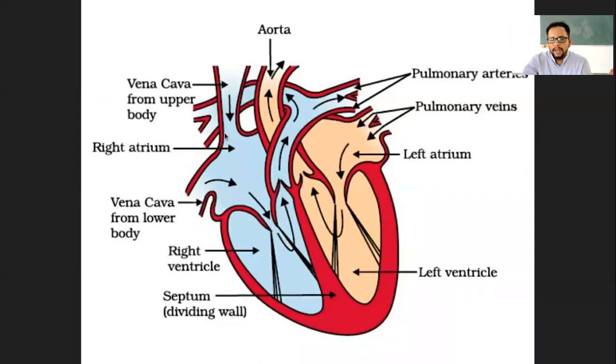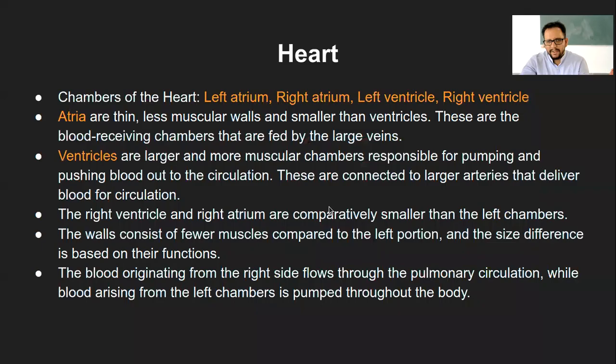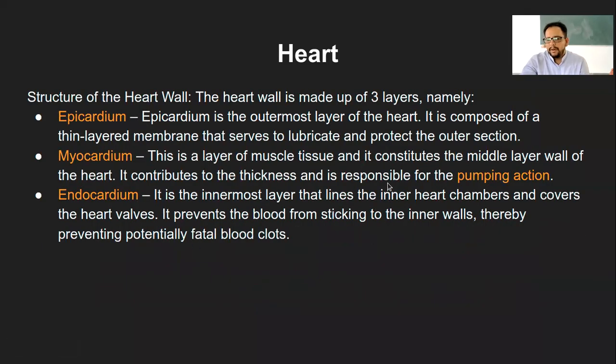So the endocardium will be present throughout these layers. Whatever you see internally, even around this wall-like structure on both sides, it will cover throughout. So that is what it means by it lines the inner heart chambers and even the heart walls.